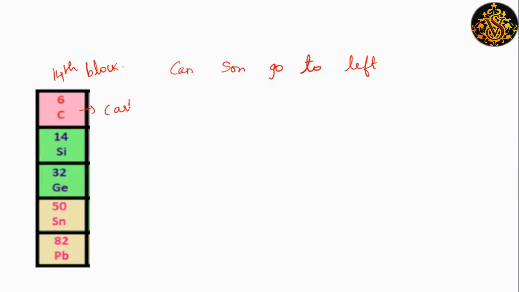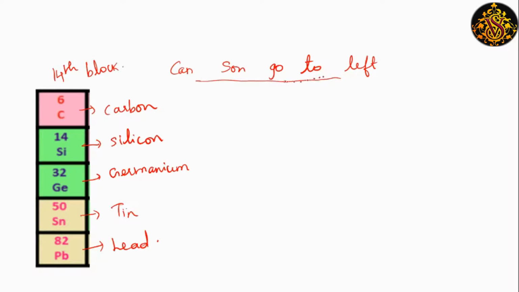C is carbon, Si silicon, Ge germanium, Sn is tin and Pb is lead. So C carbon, sun silicon, go Ge germanium, to tin, left lead. So remember the phrase, can sun go to left?